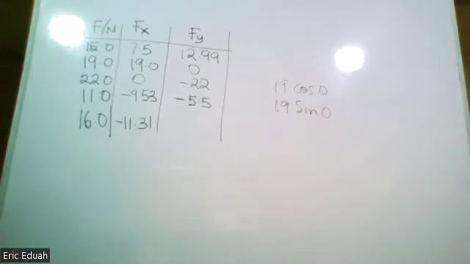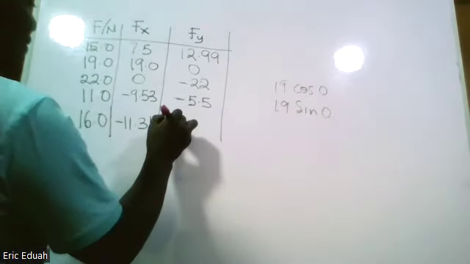Okay. Then the vertical component is also 16 root 2 on 2, the same 16 sine 45. So 8 root 2, which is 11.31, but that's positive.